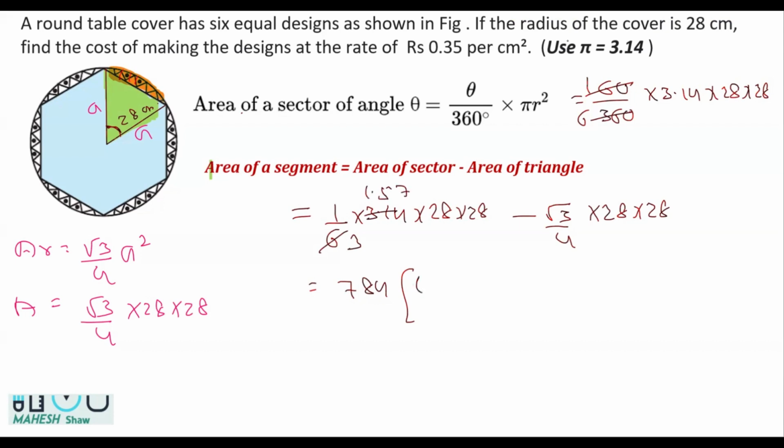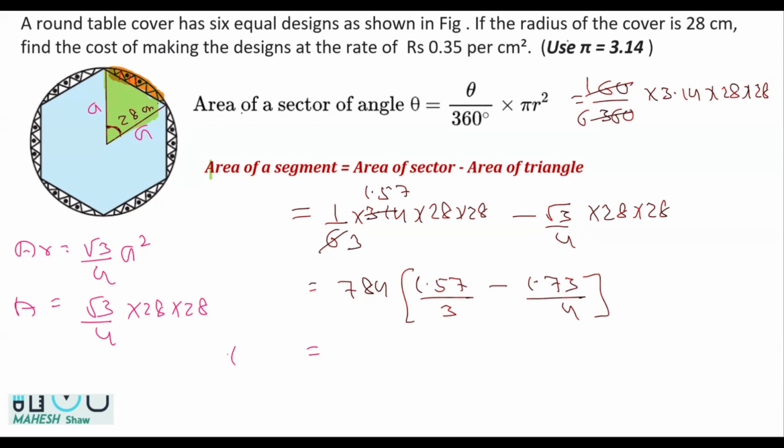So this comes out to be 1.57 over 3 minus root 3, whose value is not given, so we'll take 1.73 up to 2 decimal places, over 4. That should give us the area of a design. Since we have 6 equal designs, we'll multiply this with 6.